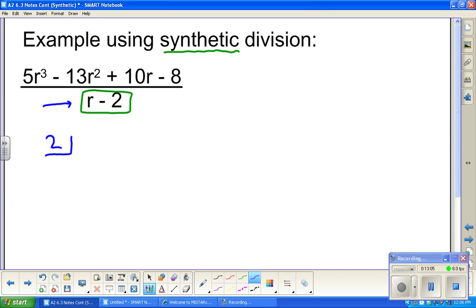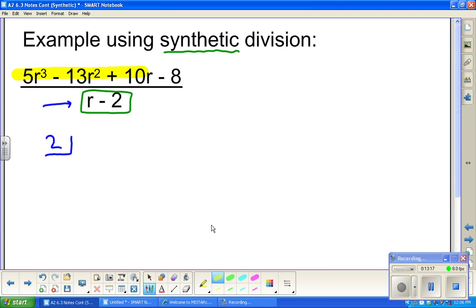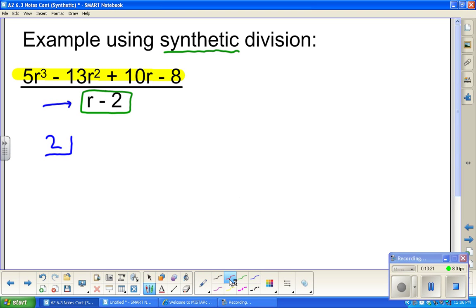Now what we're going to do is look at the coefficients of the numerator. My numerator up top has a bunch of coefficients, and we're going to write those coefficients in order in a line across the top here. We want to make sure we don't skip over any exponents.